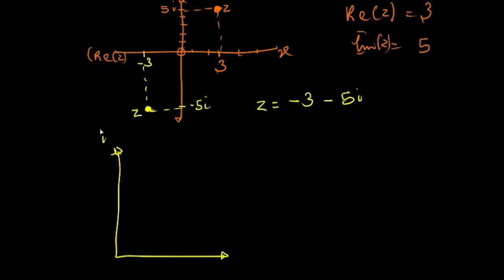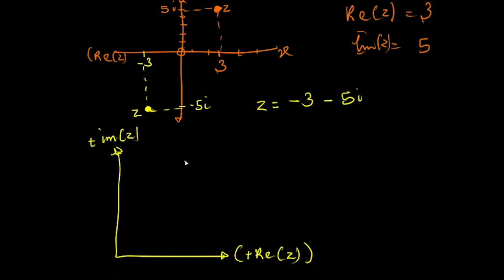So this is plus Im of z. You know why I'm writing plus now. And this is plus Re of z. So I'm writing plus here because, of course, the negative side will be on this other side, and the negative side will be facing downwards.